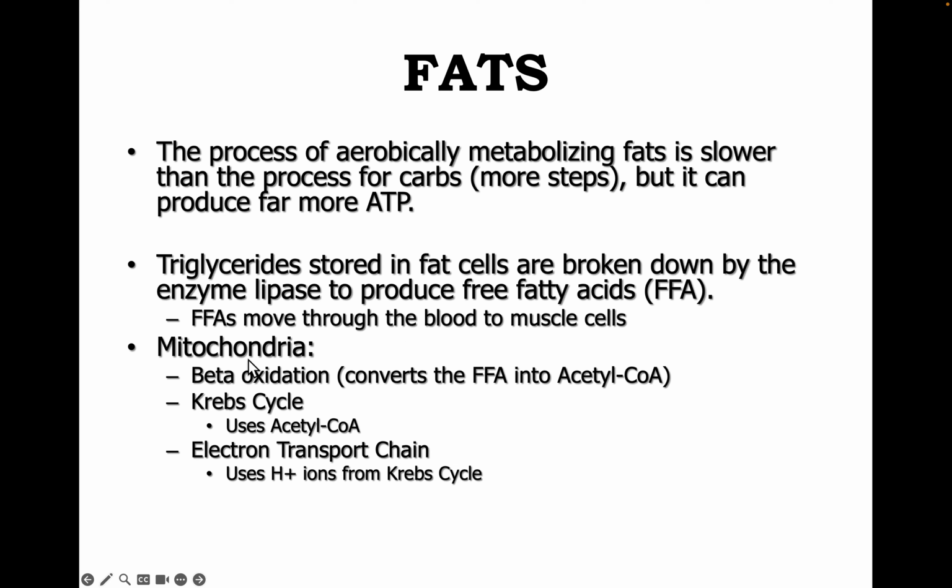In the mitochondria, along with the Krebs cycle and the electron transport chain, which use breakdown parts of fats to create ATP, we also go through the process of beta oxidation. Beta oxidation converts free fatty acids into acetyl coenzyme A. And that acetyl coenzyme A is going to be used by the Krebs cycle to create even more ATP.